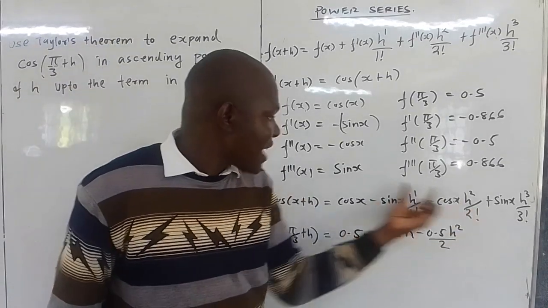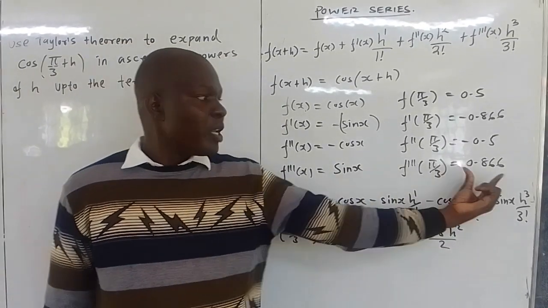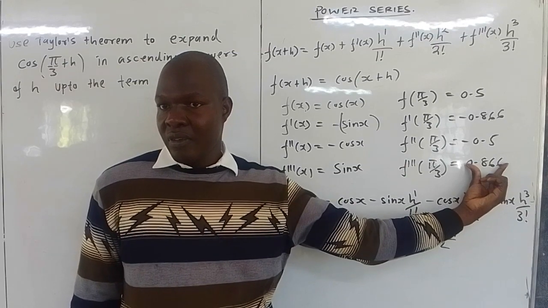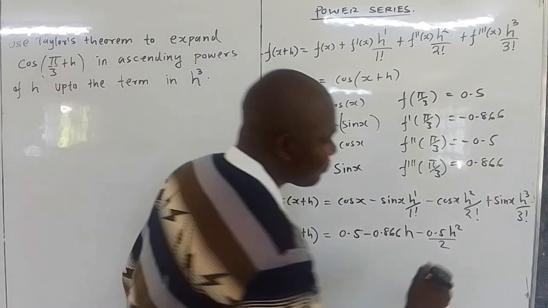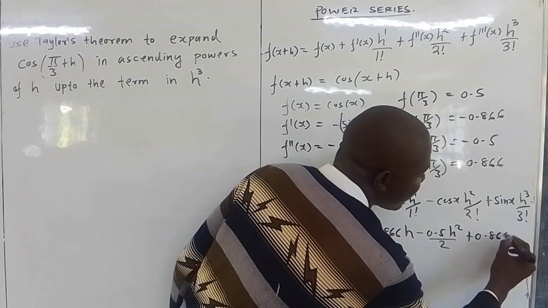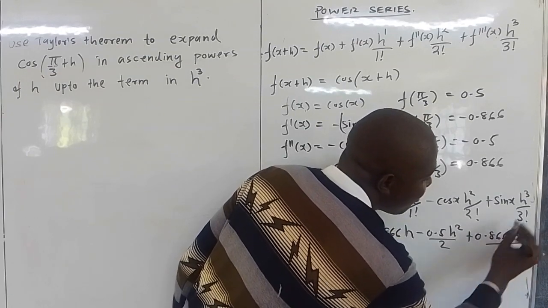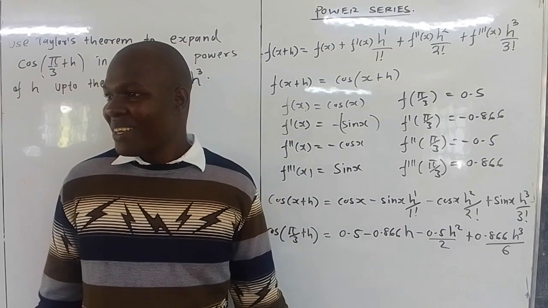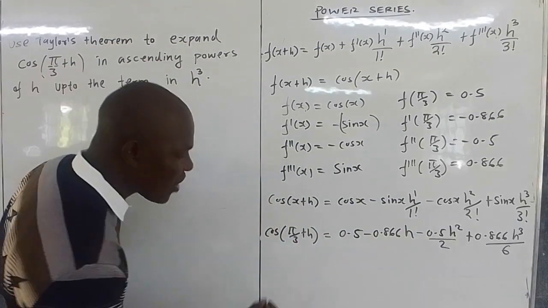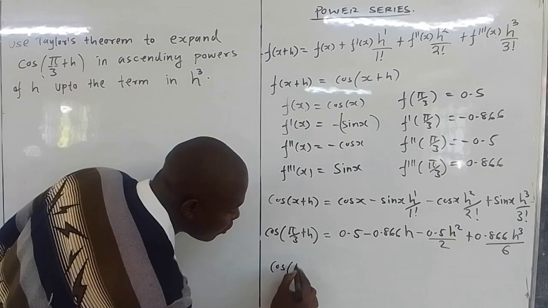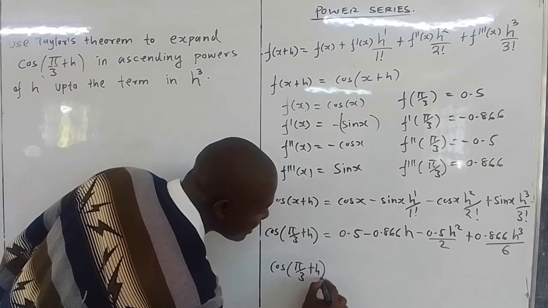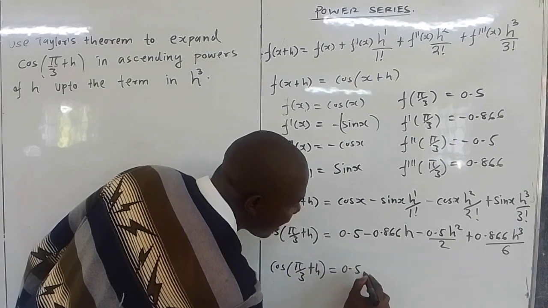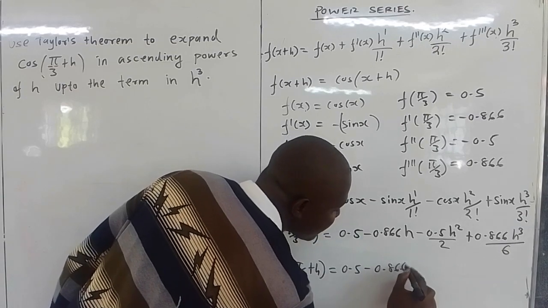Then the next one, what is sin x? This sin x, what did you find it to be? 0.866. Then h cubed over 3 factorial. 3 factorial is 6. Are we together? So can you now go to the calculator and give me the values? So cos of pi over 3 plus h is equal to 0.5 minus 0.866h.